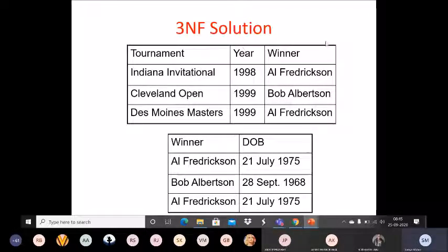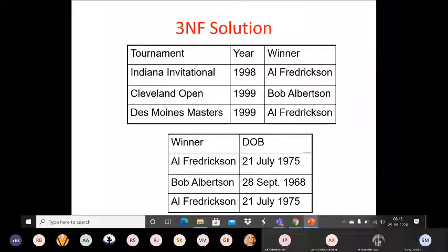Not year alone, and not tournament alone, but tournament and year both determine the winner. So the first table is in 3NF and also in BCNF. What about the second table? The second table has only one candidate key, that is winner. So there is no confusion with one candidate key.